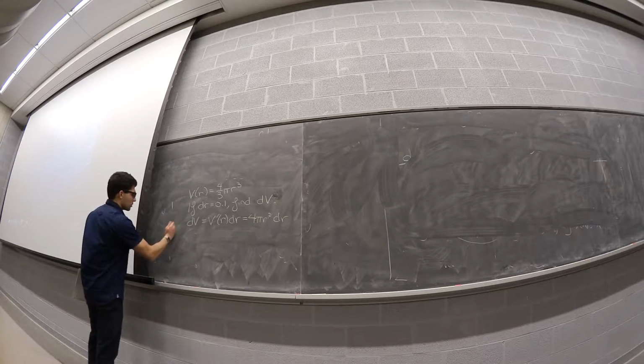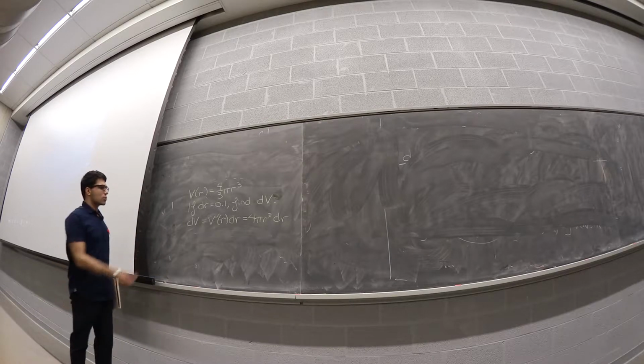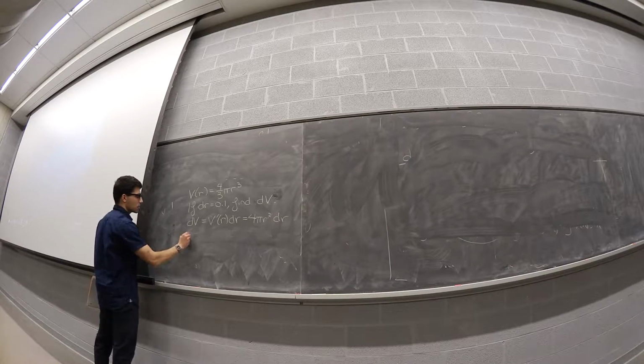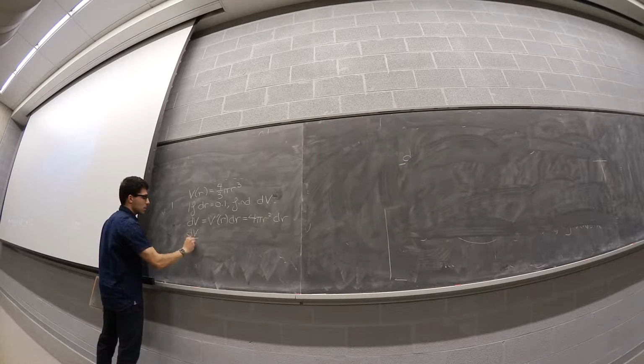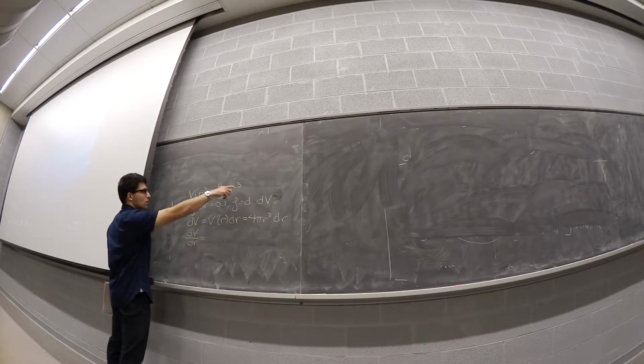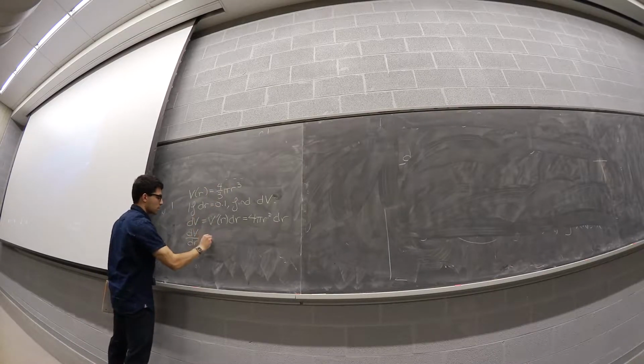As I mentioned to at least one of you, and I think I mentioned this briefly in class, if you have trouble remembering this, and you like the Leibniz notation, you could just write dv by dr, the derivative of v with respect to r, is what? 4 pi r squared.